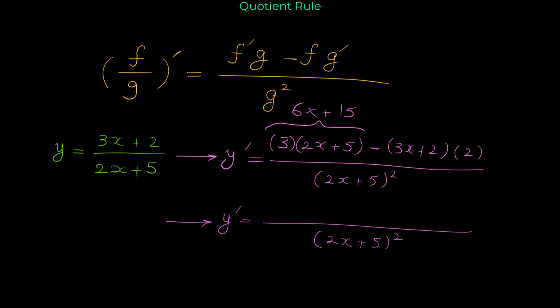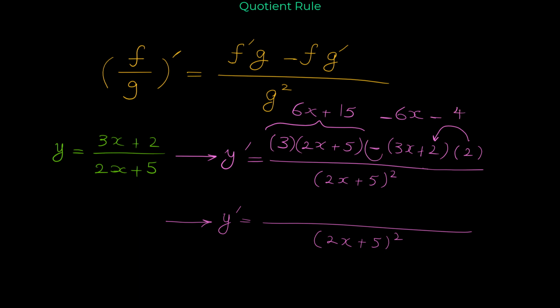And if we multiply these 2 inside this bracket, considering this negative that is for all of this, then we have minus 2 times 3x, minus 6x, and then we have minus 2 times 2, minus 4.